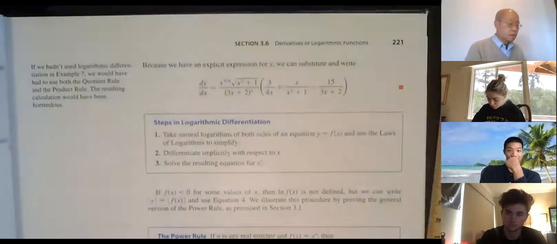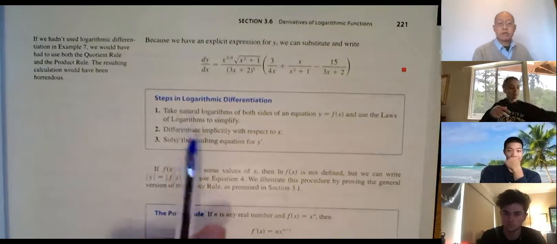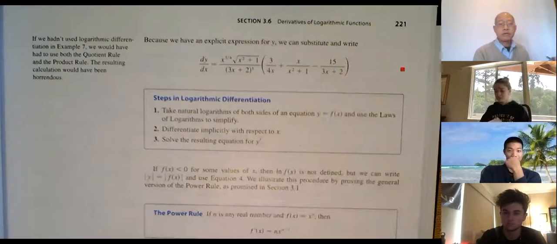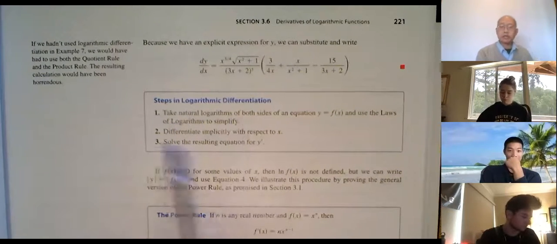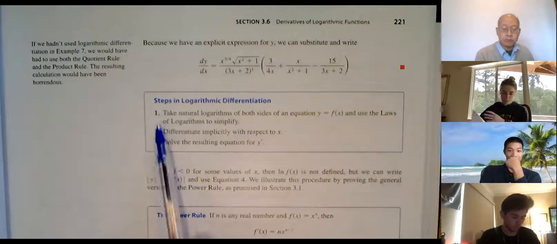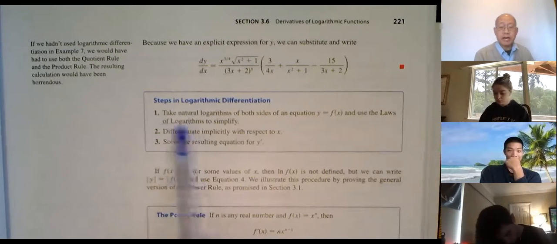Okay, so back to logarithmic differentiation. I did some yesterday, and I'll review the highlights of it, but do some more now. So page 221, 3.6, steps in logarithmic differentiation. So I didn't show this to you before, showed it to you today now, but you sort of got the idea.